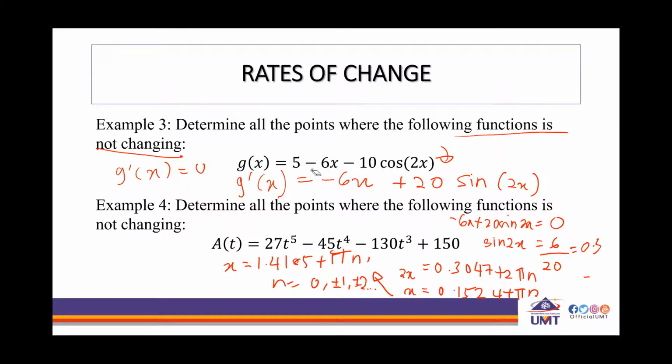In this case, the point is 1.4185 plus pi n, where n equals 0, plus or minus 1, plus or minus 2, and so forth. Because the function involves cosine, when you differentiate it, it becomes sine. It looks a bit complicated, but it's not that complicated. You can always solve this using your calculator. Okay, students?